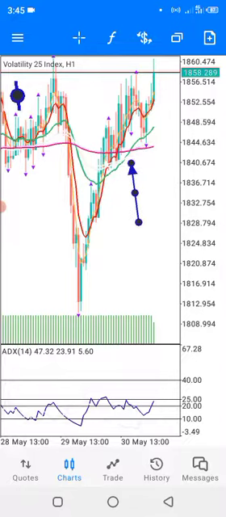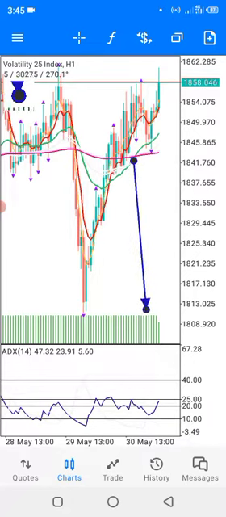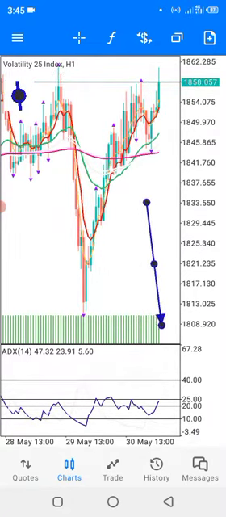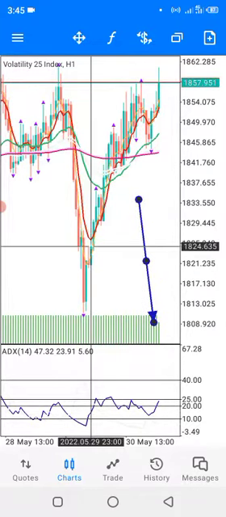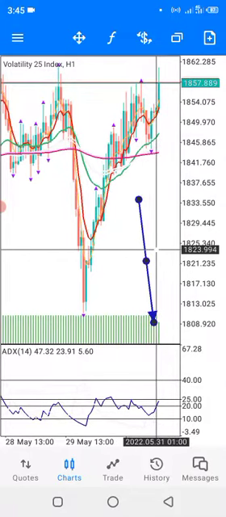And on our indicator window 1 below, look at it, the average directional movement index down there is pointing upward. Look at it, pointing upward.